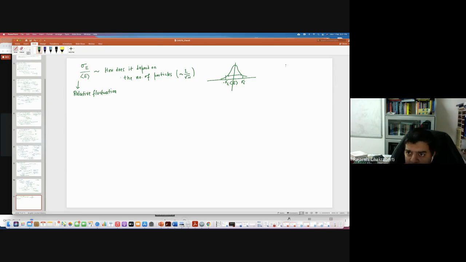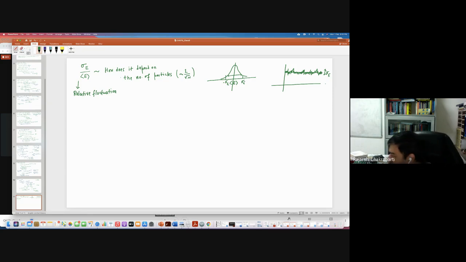This is your average quantity, and in a system in equilibrium, that quantity fluctuates around this average. The measure of this fluctuation is given by your sigma E, if it is energy. The larger the system is, the smaller the amplitude is. The relative fluctuation is less, because the average also increases. So the ratio is 1 over root n.